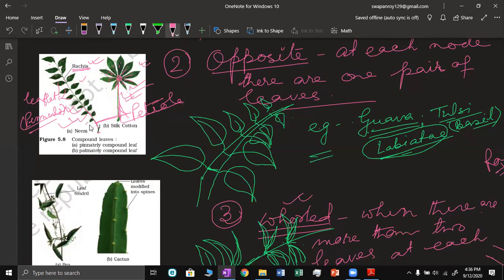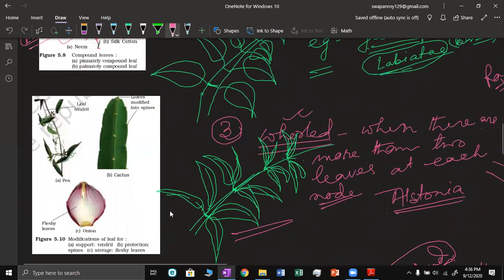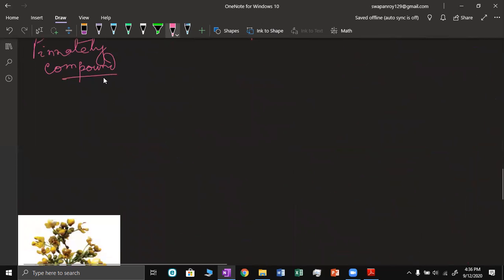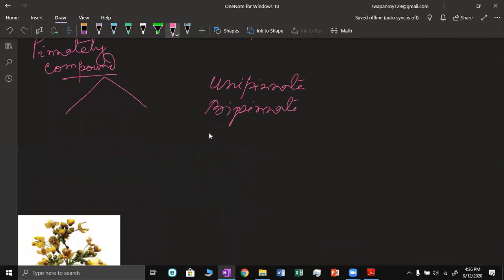This pinnately compound again has several types, subtypes also: unipinnate, bipinnate, tripinnate.